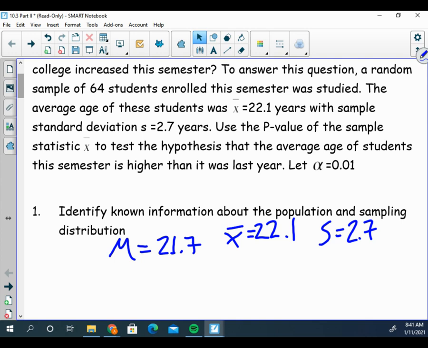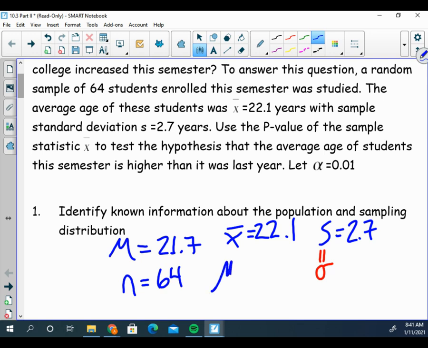They took a sample size of 64 students, which means that our sample standard deviation also equals our population standard deviation, allowing us to run this hypothesis test. We'd have to use some alternate methods if our sample size wasn't big enough.